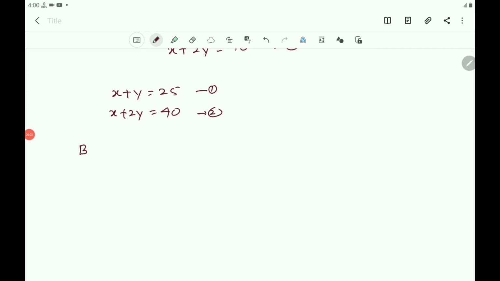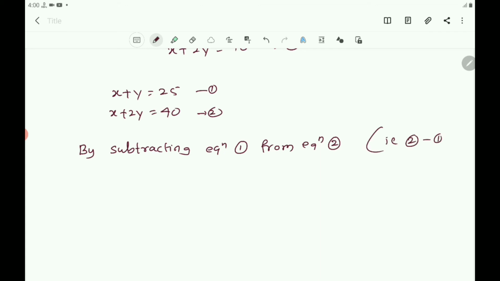Then by subtracting equation 1 from equation 2, that is second minus first here. X plus 2Y is equal to 40 and that minus X plus Y is equal to 25. This is the second equation. This is the first equation here.